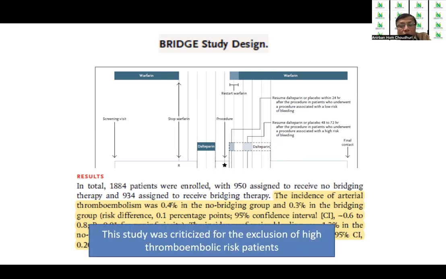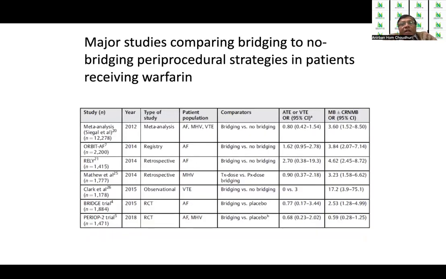So although this study was criticized for exclusion of high thromboembolic risk patients, it was sure that this procedure might also cause a lot of harm in patients who have high risk of bleeding. There were major studies which compared bridging to no bridging periprocedural strategies in patients receiving warfarin.